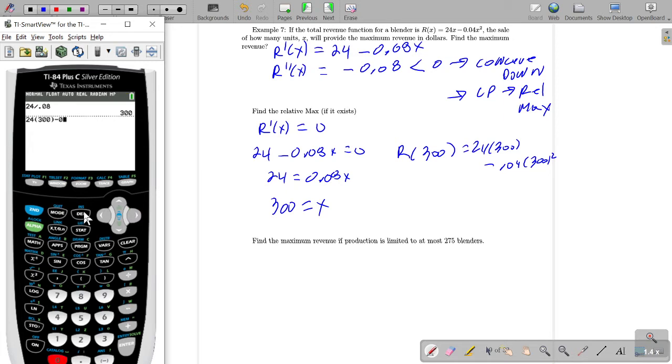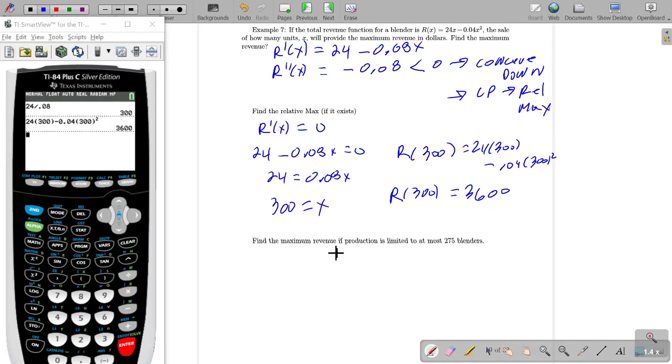So this is r of 300 equals $3,600. So $3,600 is the maximum revenue.